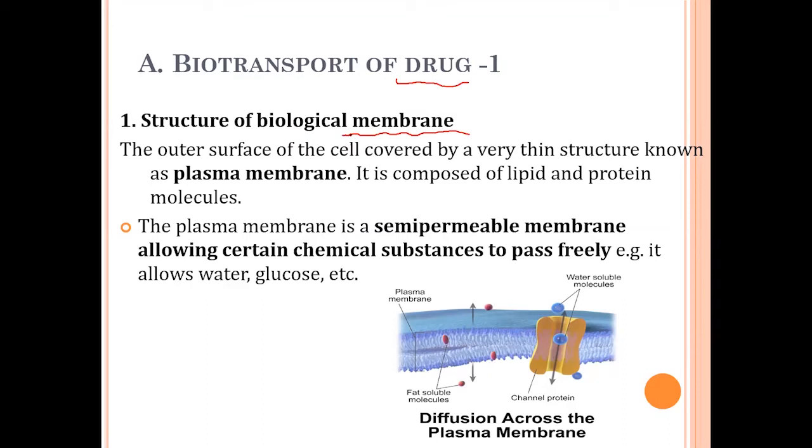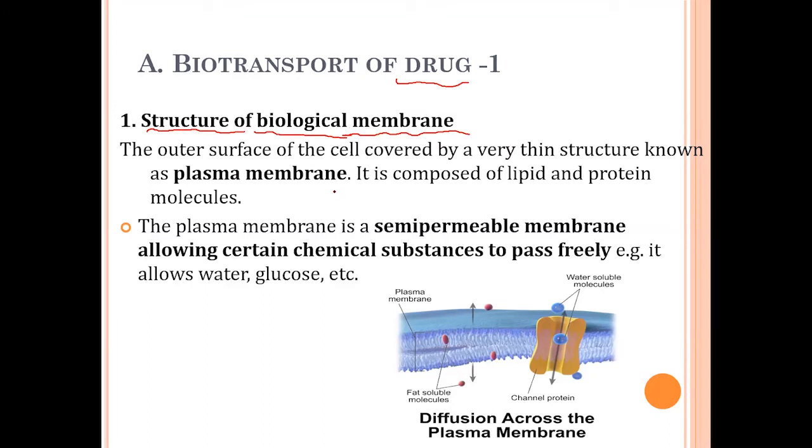Then they can be absorbed. We're talking about the structure of the cell membrane, the biological membrane. The human body cell membrane, including some animals, certainly, has a special kind of structure.